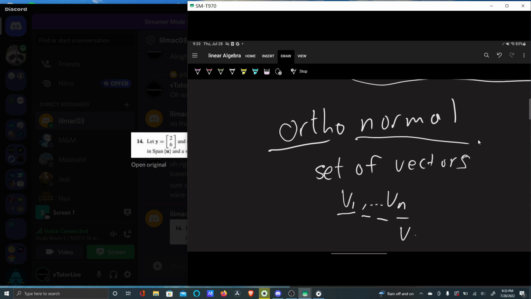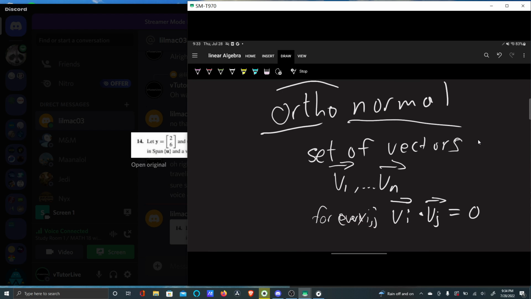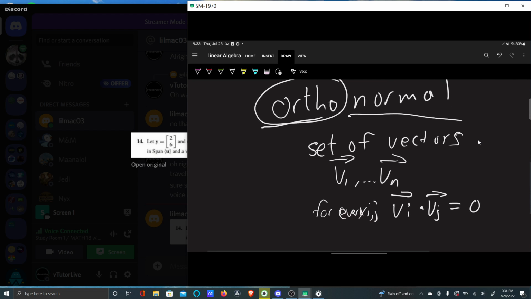So for any given vi dotted with vj, the result is equal to 0. For every i, j, the dot product is 0. That's what orthogonal means. And then the normal part just means that every one of these vectors has length 1, so the norm of vi is equal to 1.